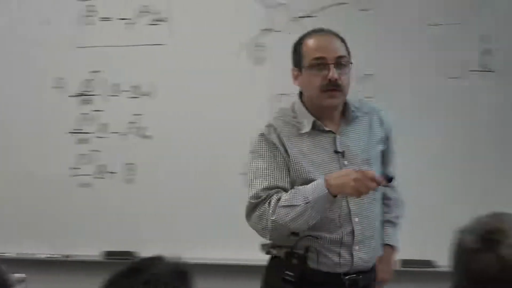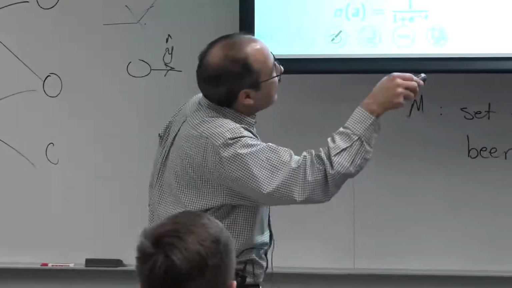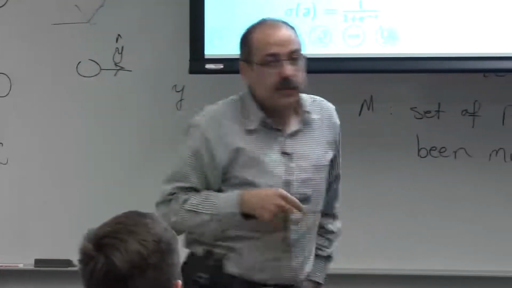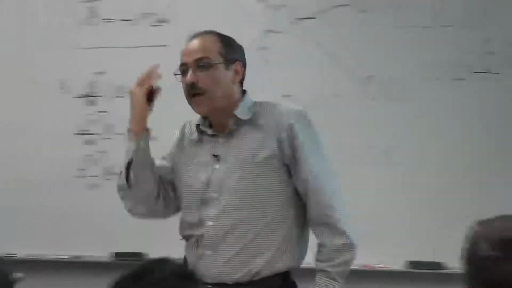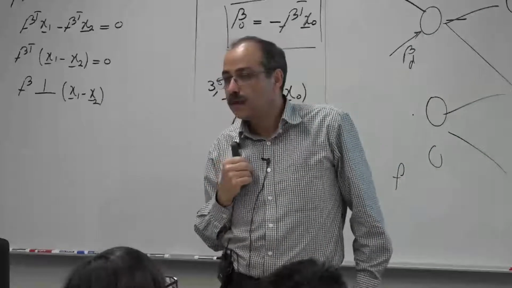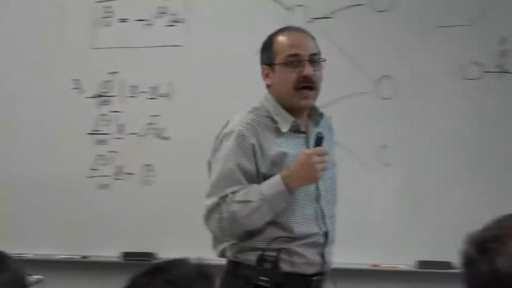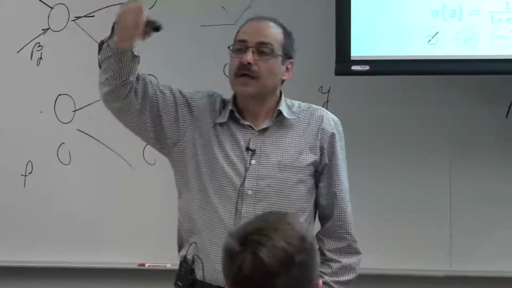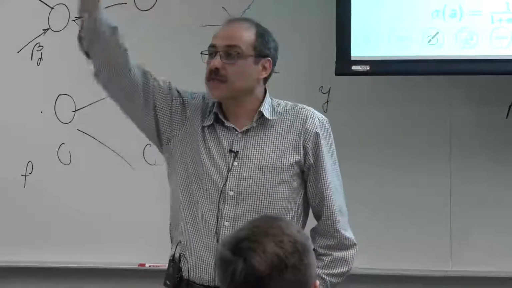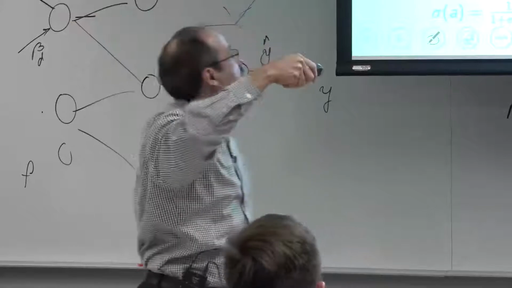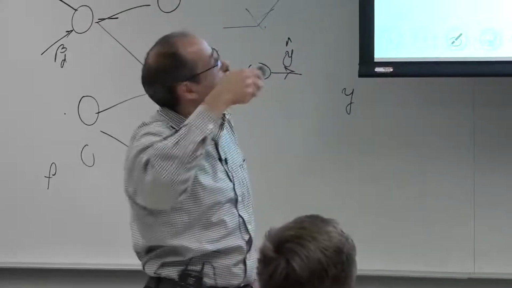Okay, so there are many layers here, and somewhere here I predict y hat. I want this y hat to be close to y. Let's go for the simplest cost function, and my cost function is y minus y hat, squared.